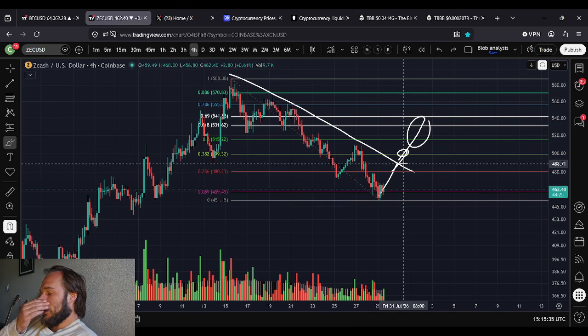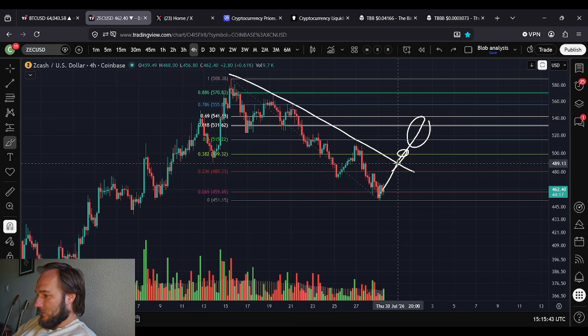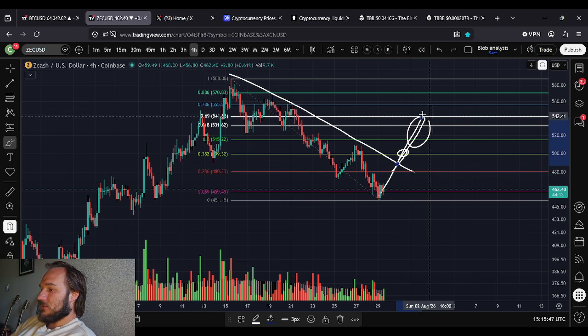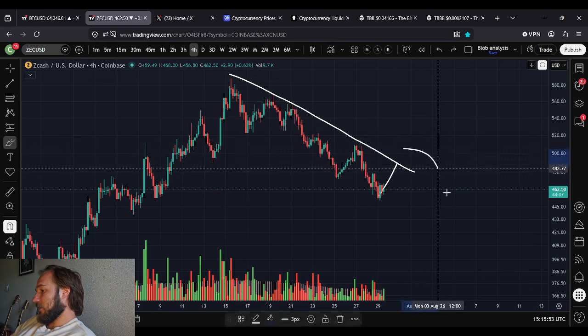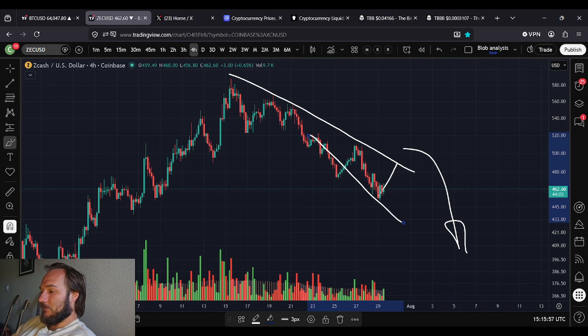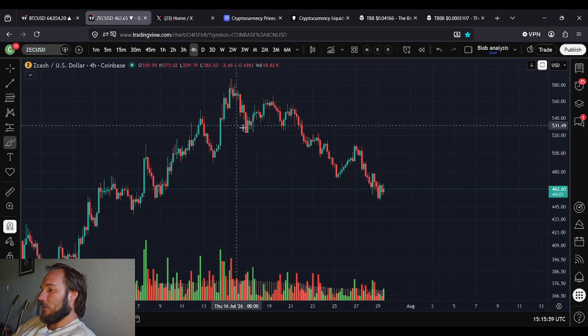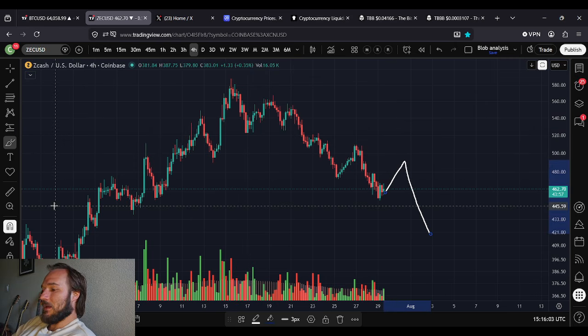The target area, again, is about 476 to 485, right? But if you are to get above that like 490 level, then you're probably going to go to 541, maybe even, at the very least $500 itself, so something in that range. I still expect that you're going to come down. Again, it's just not going to be a straight line down, okay? Volatility is implied. We're at the lower end of this kind of dynamic, so it makes sense that you might come up here, find some resistance, come back down.